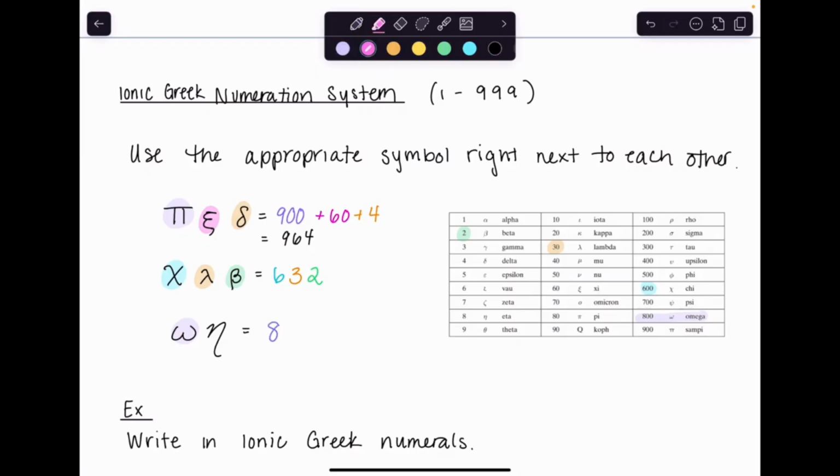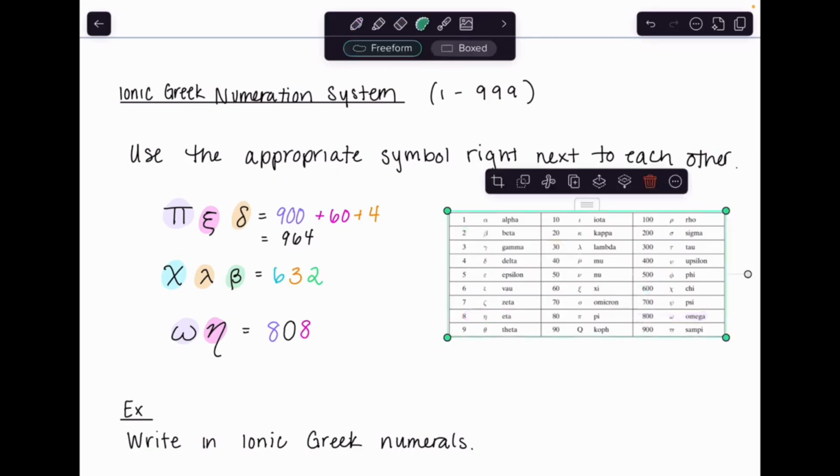Now this position can be either the ones or the tens. So looking through, I've got nothing here that looks like it. So going into the ones, that is going to be eta. So I have nothing from my tens position and then 8 in my ones position. Okay. So this is the number 808.